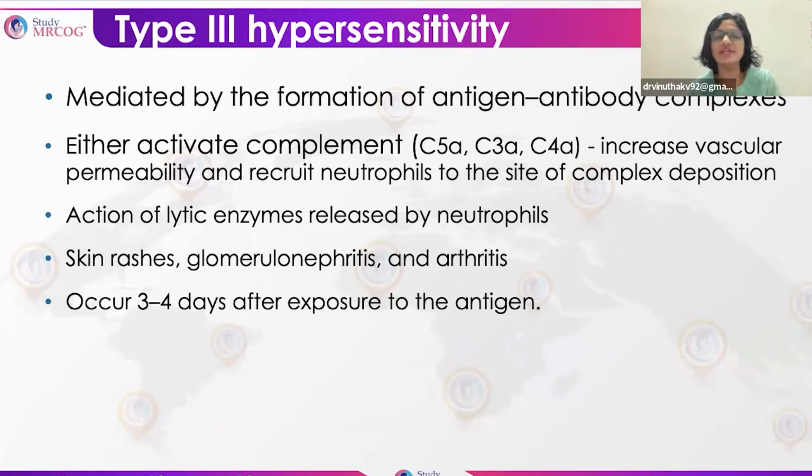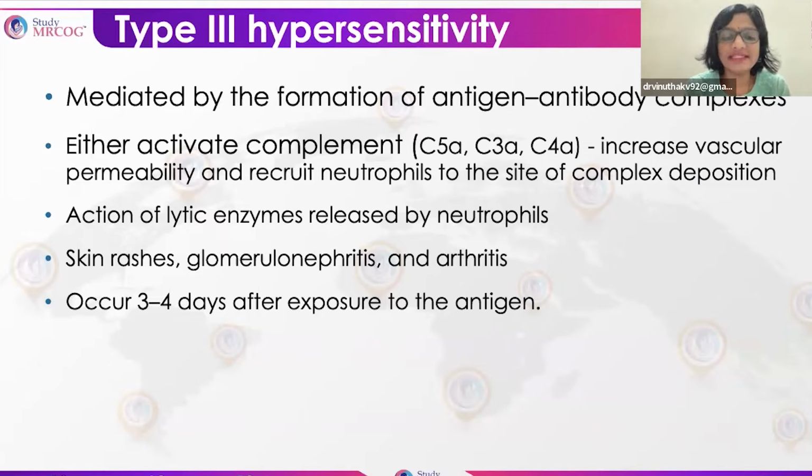Here you have to understand the difference between type 2 and type 3 hypersensitivity reaction. Type 2 is IgG or IgM mediated, which goes and directly activates the complement system. Whereas type 3 forms an immune complex, that is an antigen-antibody complex, and this complex goes and deposits in a tissue like your kidney.